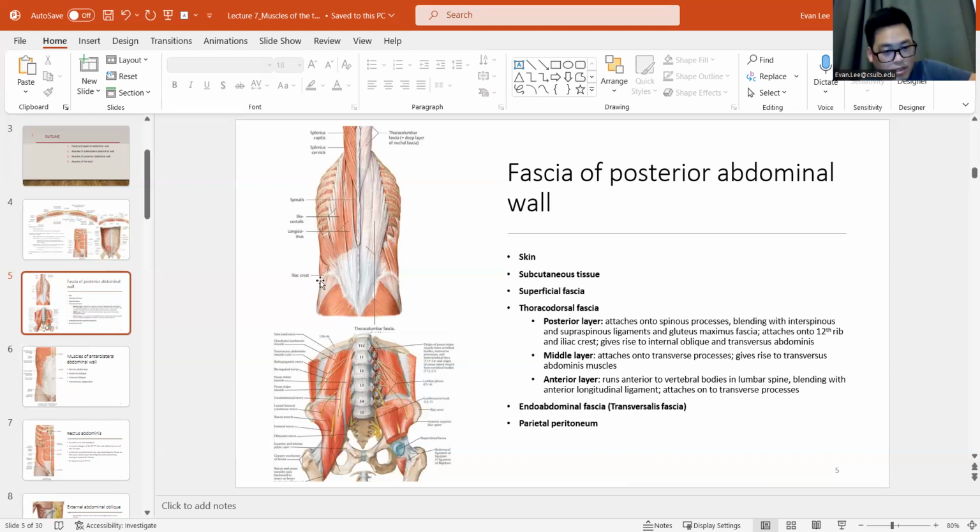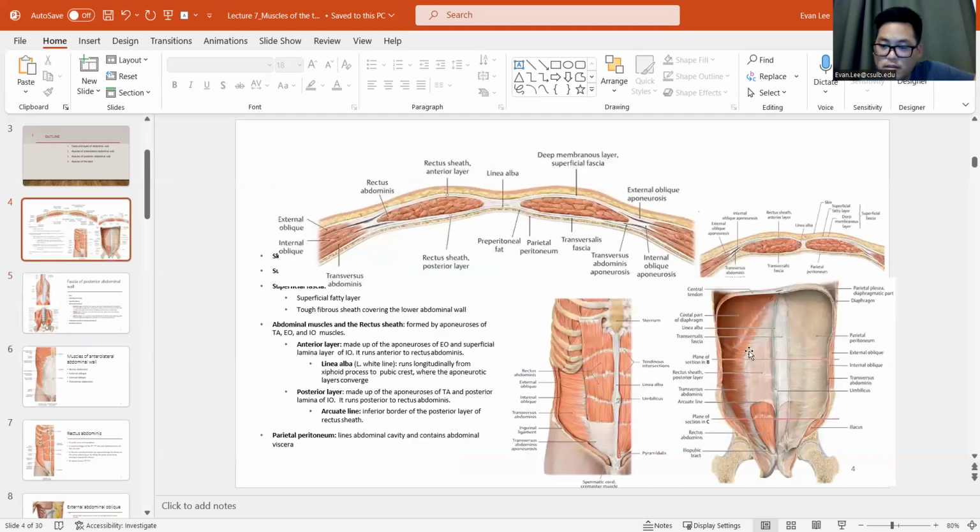So this one is kind of on the inside to some extent. This doesn't represent it too well, but it is going to be right along the inside of the abdomen here.